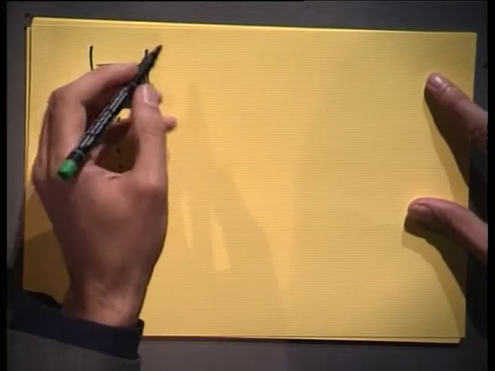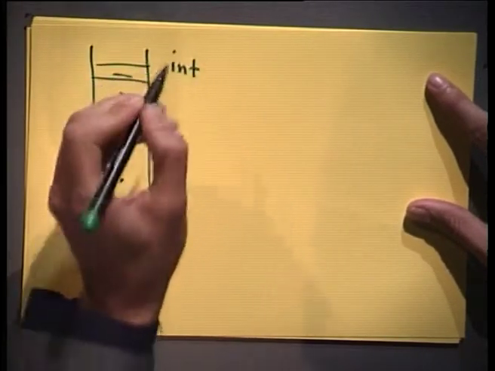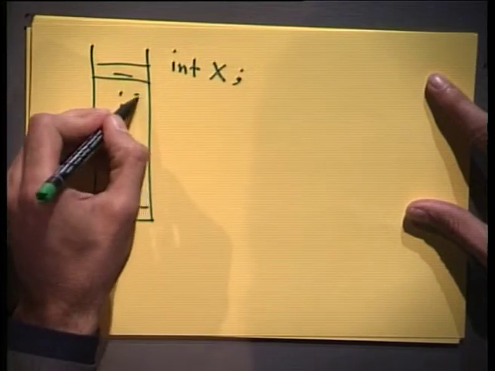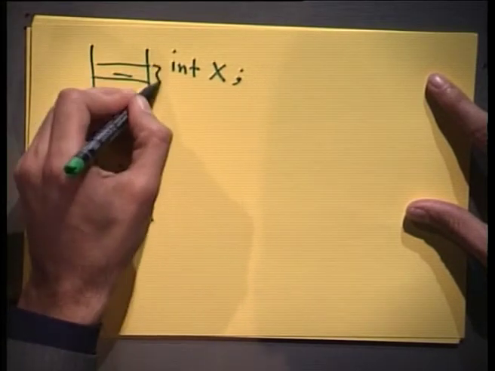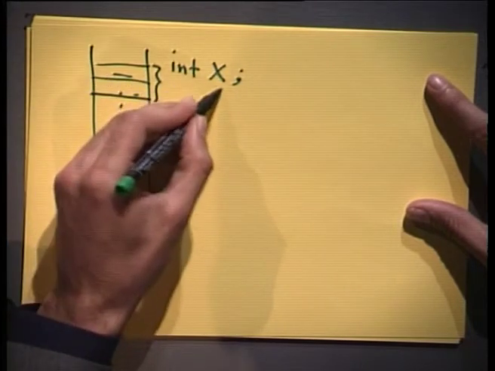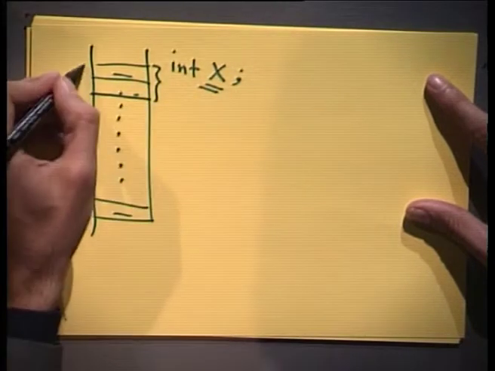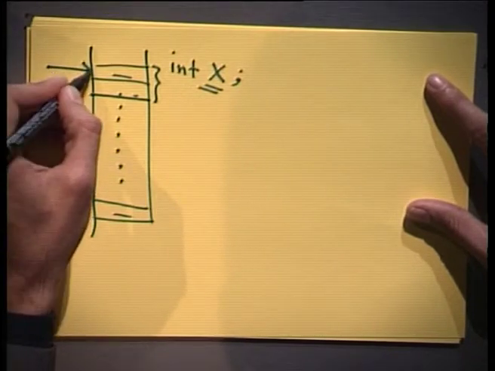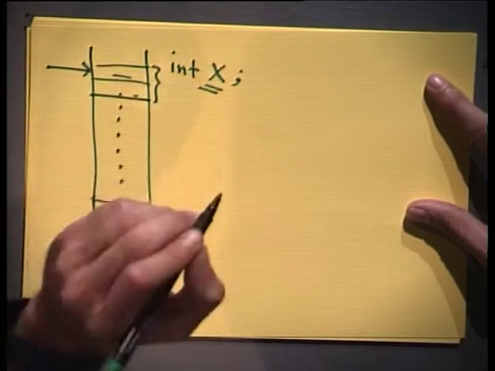And then I said something like integer x. So for integer x, the computer is going to reserve 2 consecutive bytes for this variable x, and a pointer here, or an address, is going to be assigned to refer to this variable.